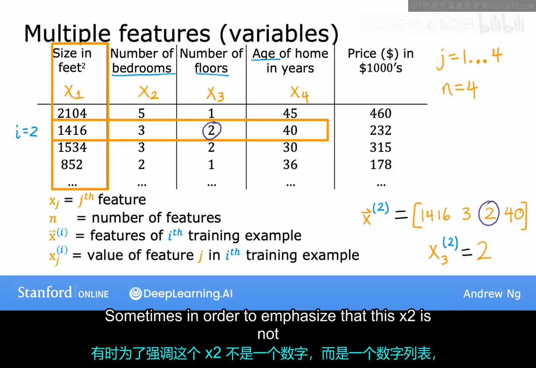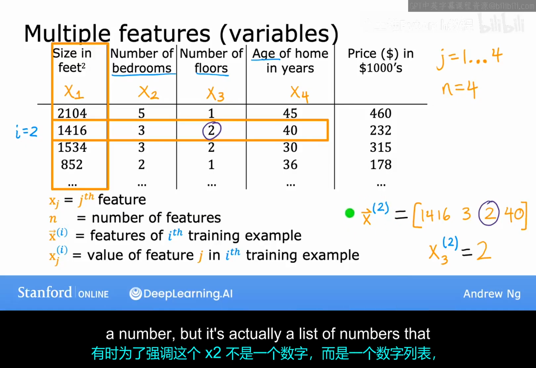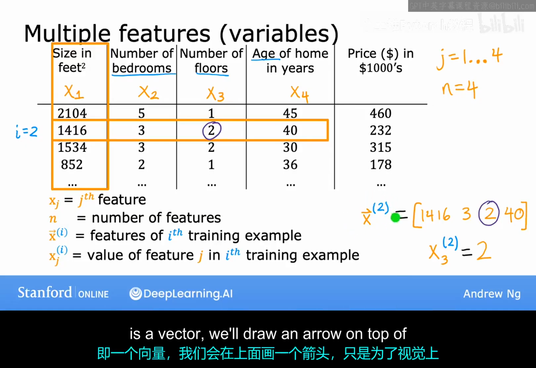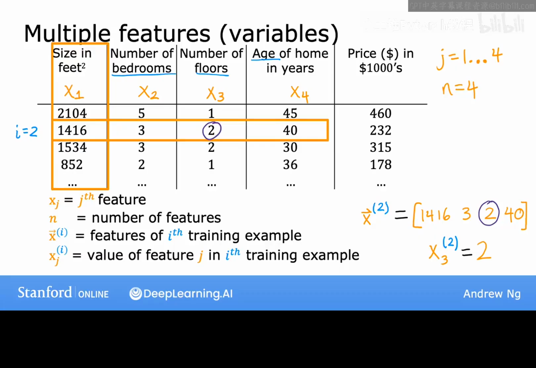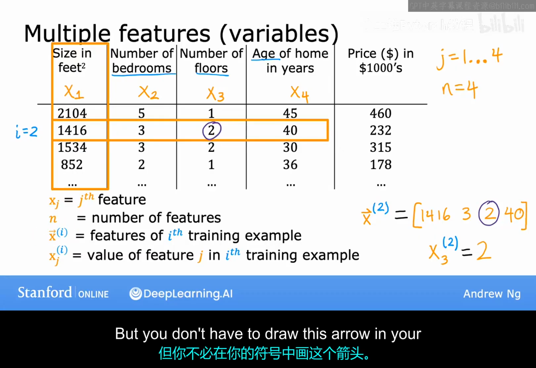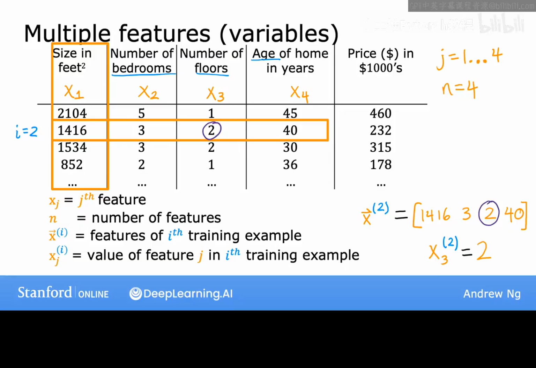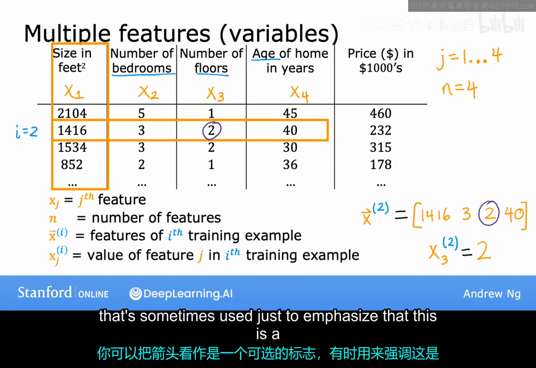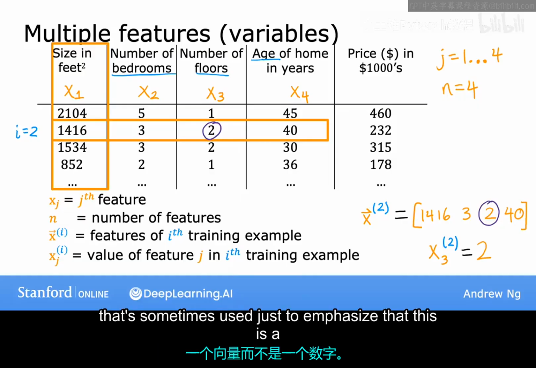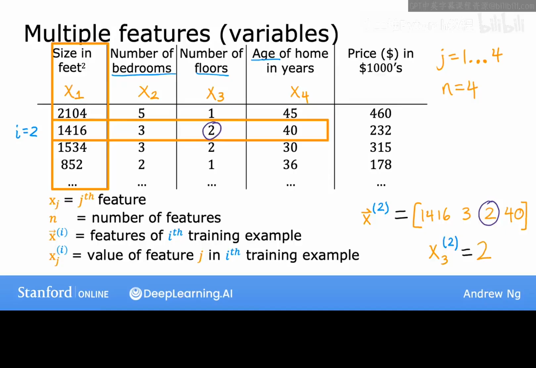Sometimes, in order to emphasize that this x2 is not a number, but is actually a list of numbers, that is a vector, we'll draw an arrow on top of that, just to visually show that it is a vector, and over here as well. But you don't have to draw this arrow in your notation. You can think of the arrow as an optional signifier that's sometimes used just to emphasize that this is a vector and not a number.